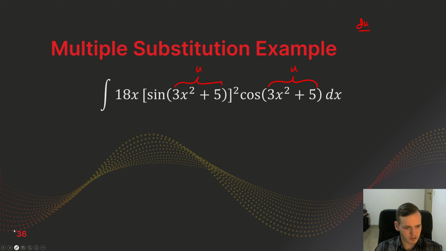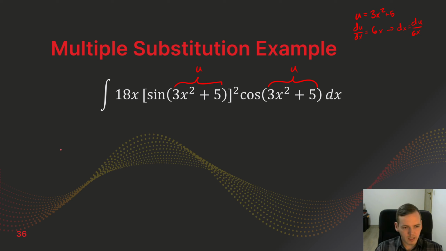So I'm going to erase that so I can record everything in the corner here for later reference. So u equals 3x squared plus 5, du by dx equals 6x plus 0, which means that dx equals du over 6x.